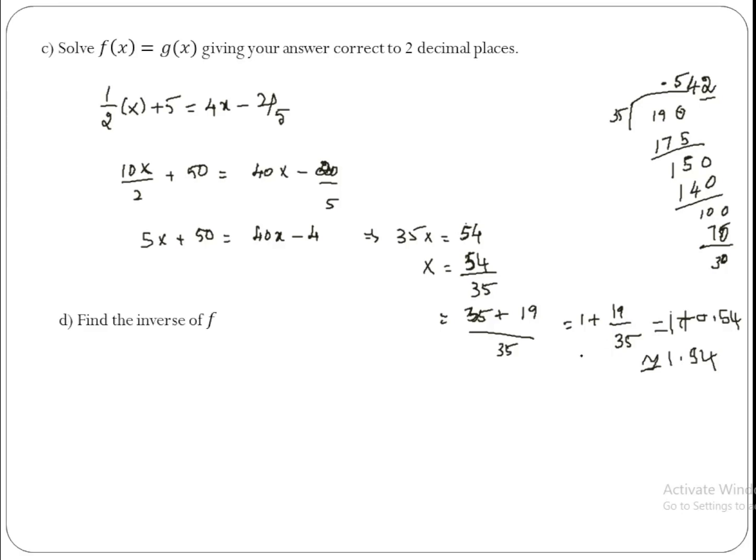Part D. What would be the inverse of f? We know that the inverse function is half of x plus 5.